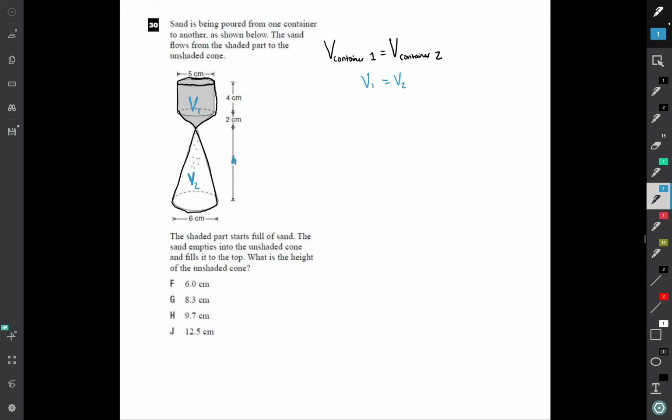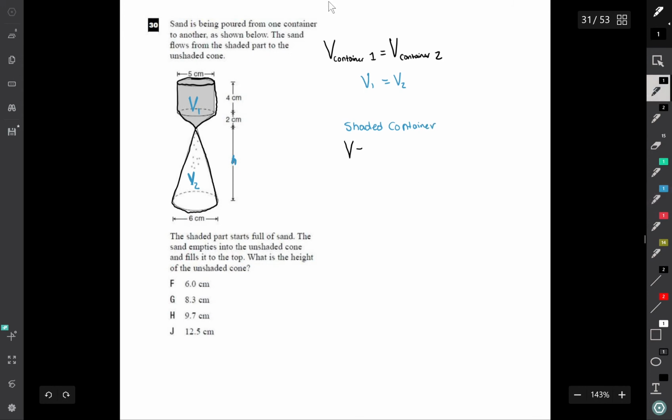Clearly I don't have enough information to get volume 2 because h is missing. So I'm going to start by looking at the shaded area. The volume of the shaded container, which we're calling V1, is equal to the volume of the cylinder plus the volume of the cone.